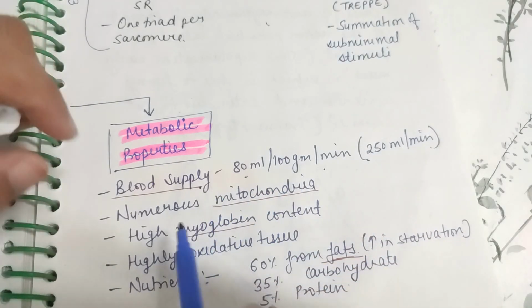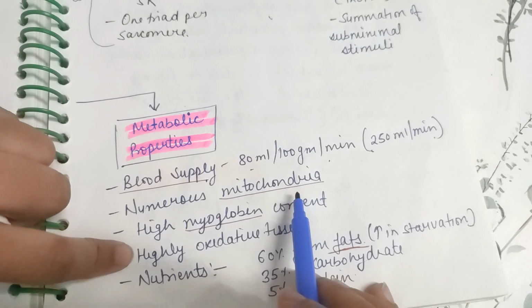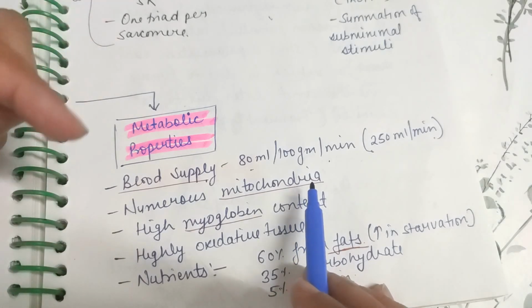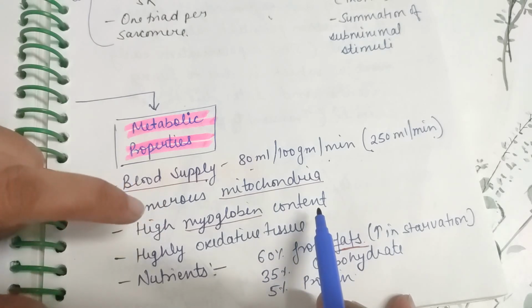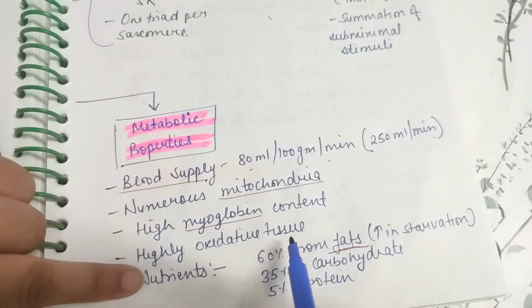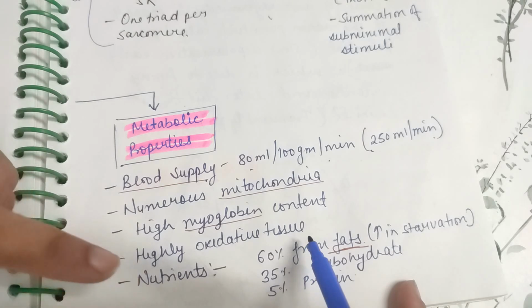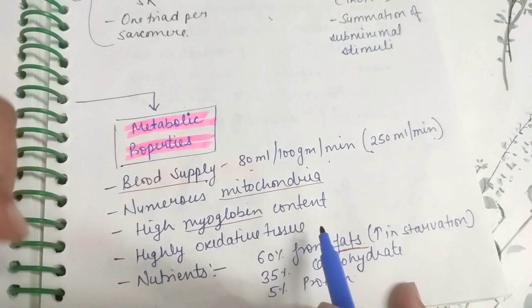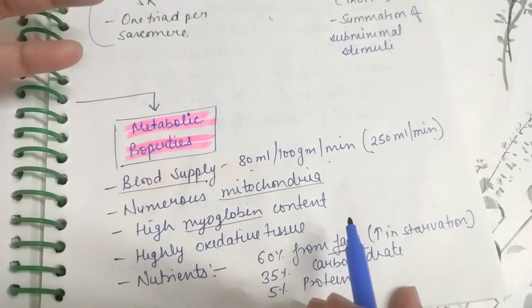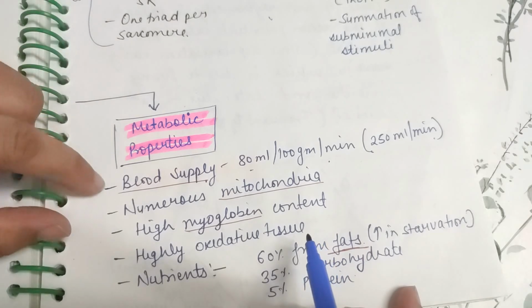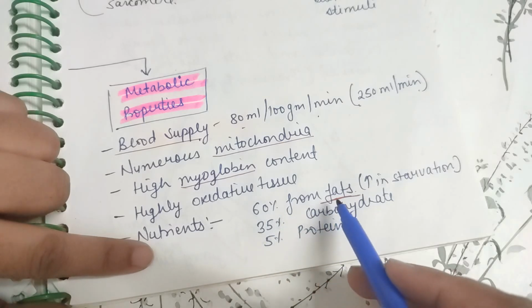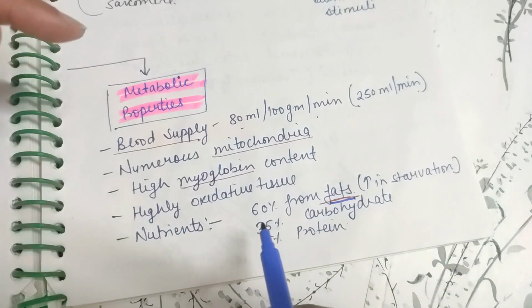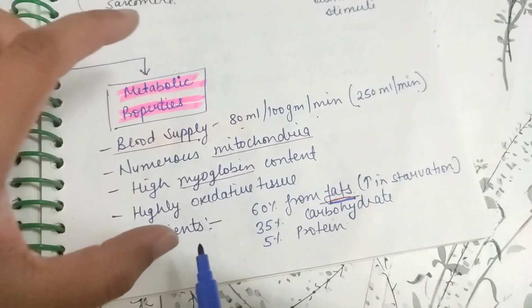Numerous mitochondria are present, which are basically our energy source, and high myoglobin content is present here. It is a highly oxidative tissue. Anaerobic oxidation is roughly 1 to 2% in the heart. Fat is the major energy source here. So those are the peculiarities of metabolic property.